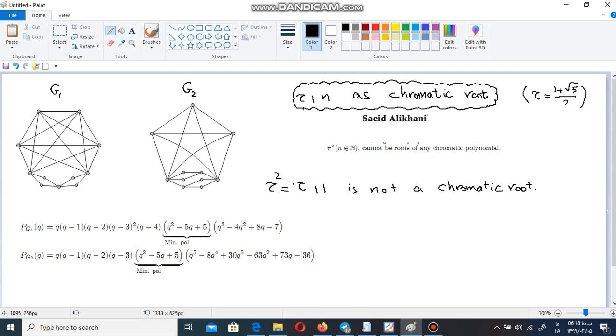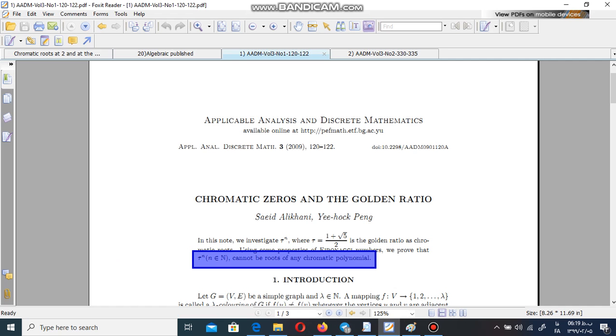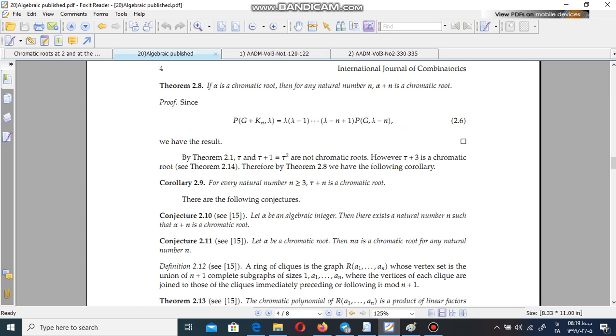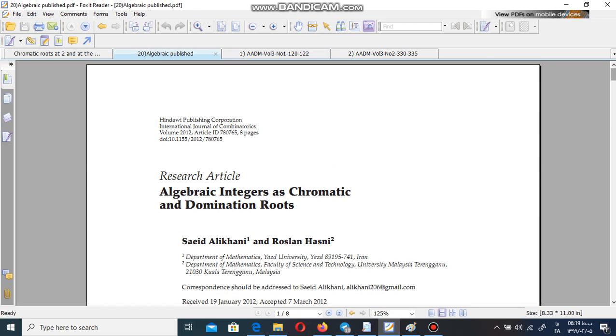But we can ask about other numbers such as tau plus n for n greater than or equal to 2. Let me show another paper here, entitled Algebraic Integers as Chromatic and Domination Roots.